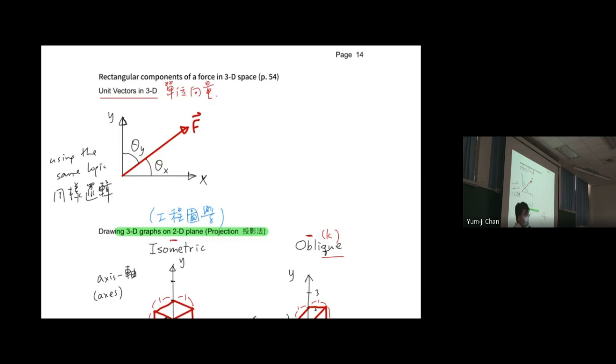Does it sound reasonable? Is it okay for you? Because this theta connects F with the x-axis, we mark it theta x. Using the same logic, we connect this force F with the y-axis. We call it theta y.